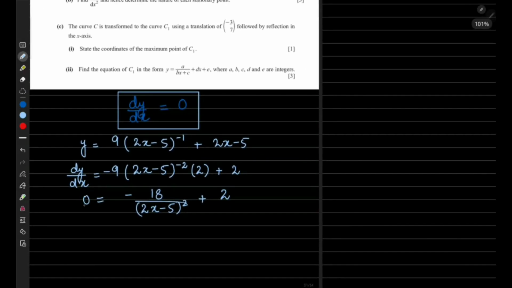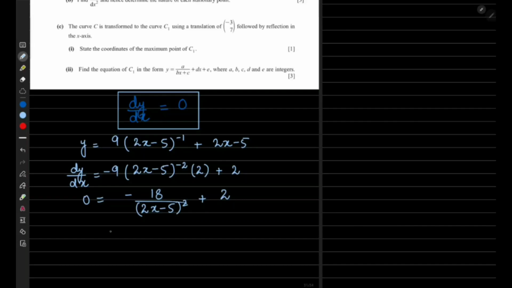Now it will give you minus 9 over (2x minus 5) squared. 9 times 2 is 18, so it is better if we write it directly: minus 18 over (2x minus 5) squared, plus 2. Okay, we have to put this equal to 0.